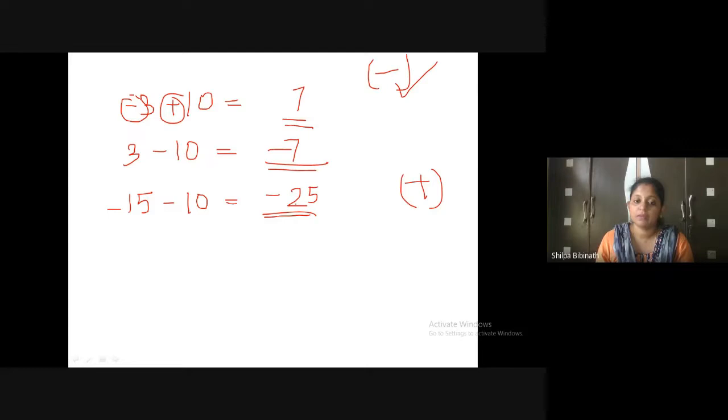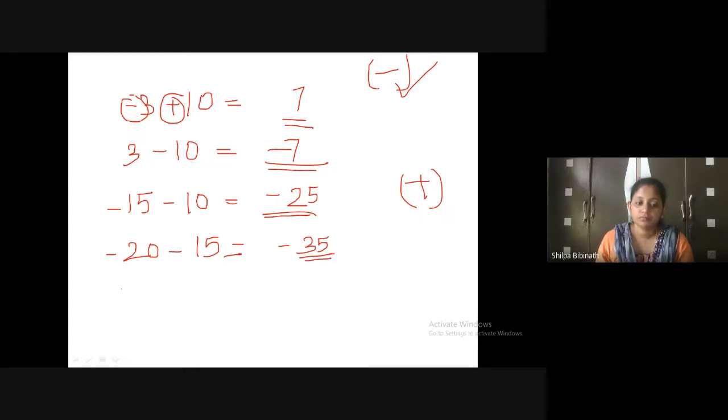So it will be minus 25. Similarly, one more example, minus 20 minus 15. Both are minus, so we are going to add. 20 plus 15 will give you 35. Both are negative here, the answer will also be negative. So you need to know all these concepts very thoroughly.